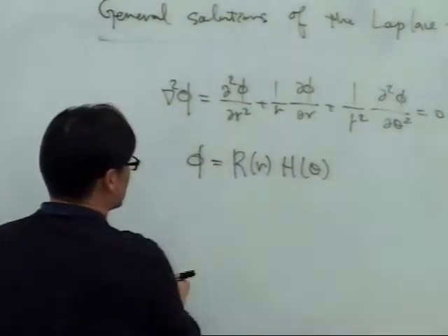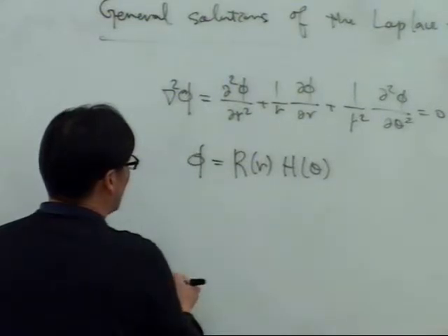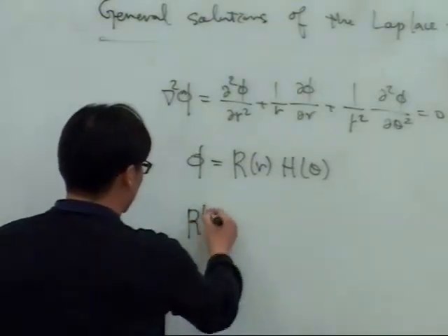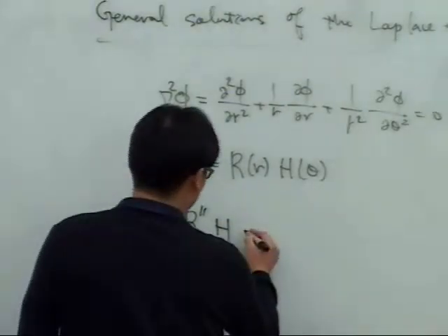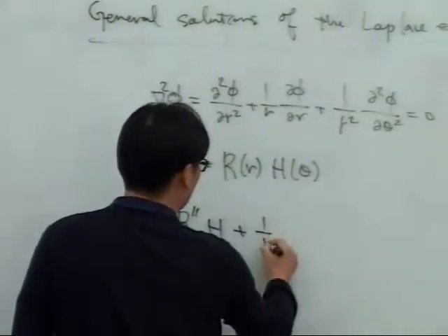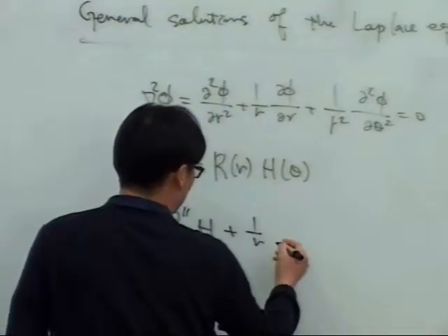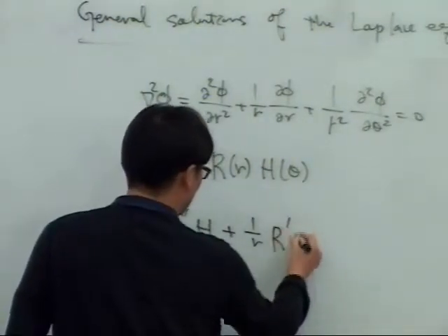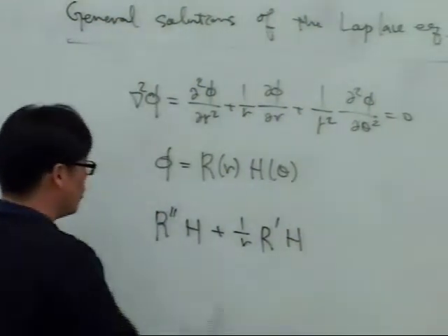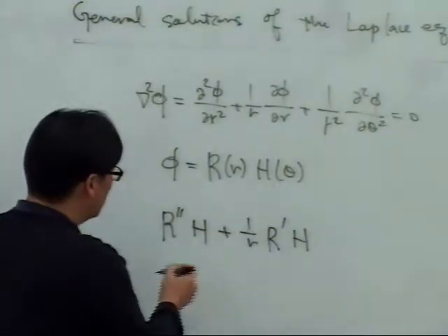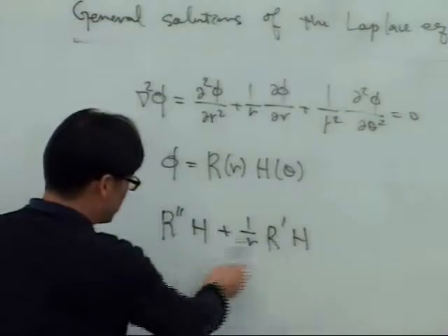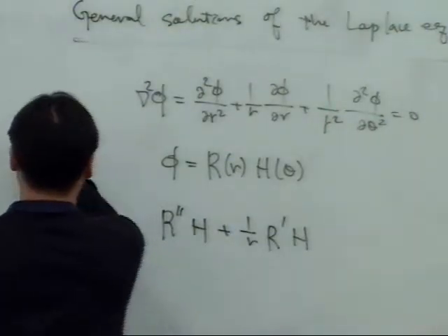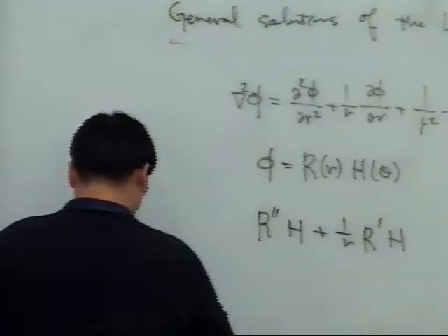So when I take a second derivative of phi with respect to r, we'll get this, right? And then I'm taking the first r derivative. We wrote it in separable form, and when I take an r derivative, nothing happens to h. So this is the method of separation of variables.